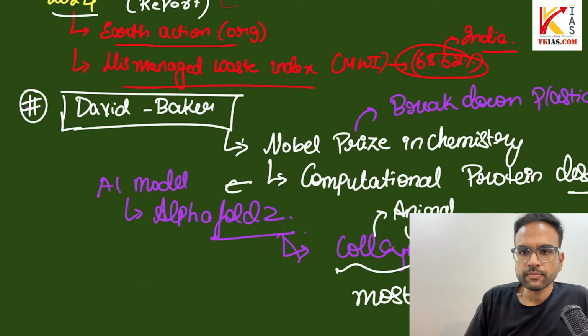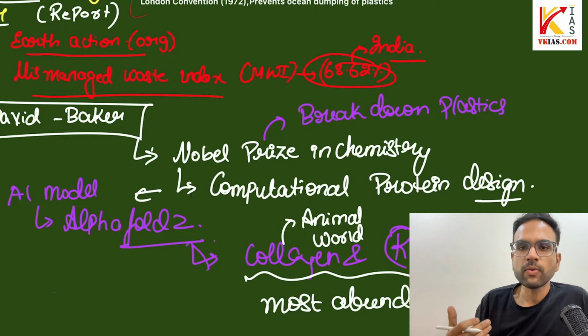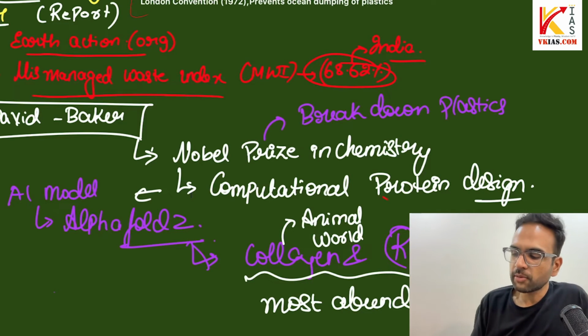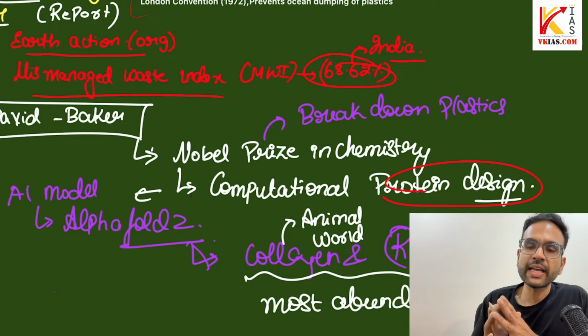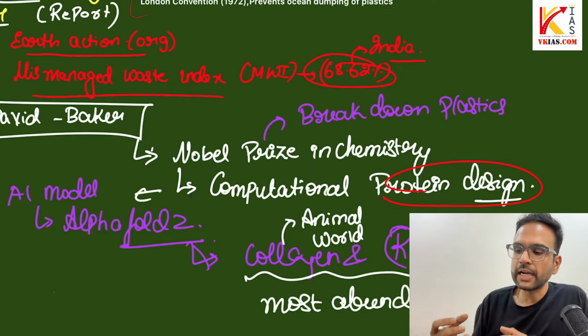David Baker. This person won a Nobel Prize in Chemistry because he understood how the breakdown of plastics can be impacted and designed by computational protein design. See, basically he used AI models to understand what proteins are involved in the breakdown of plastics.